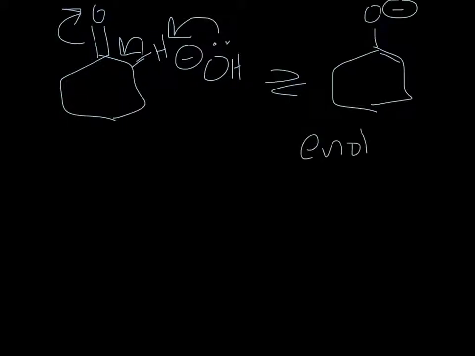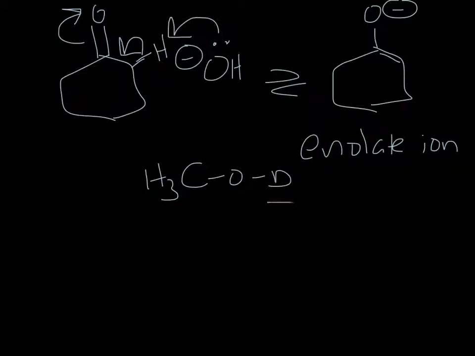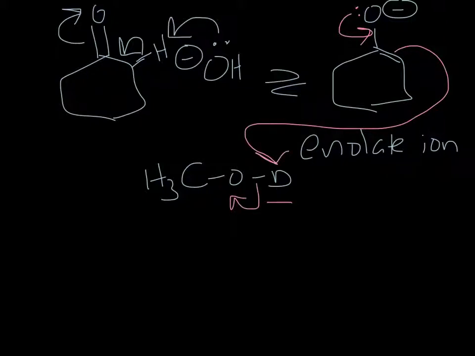So again, here is our enolate ion. And then we're in solution with some methanol, so we have CH3OD. This deuterium is a little bit acidic, and so the lone pair of electrons on the oxygen folds back down, and this pi bond can come grab that deuterium and deprotonate the methanol.